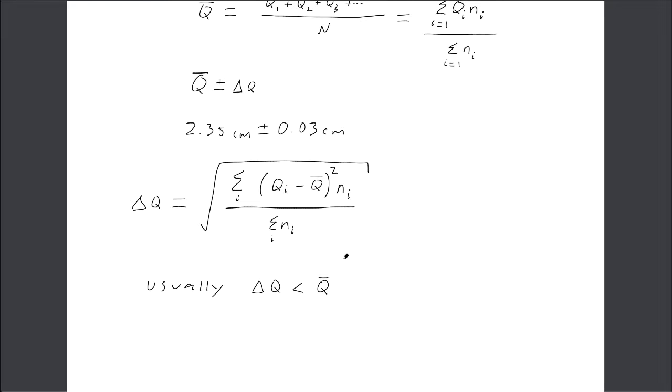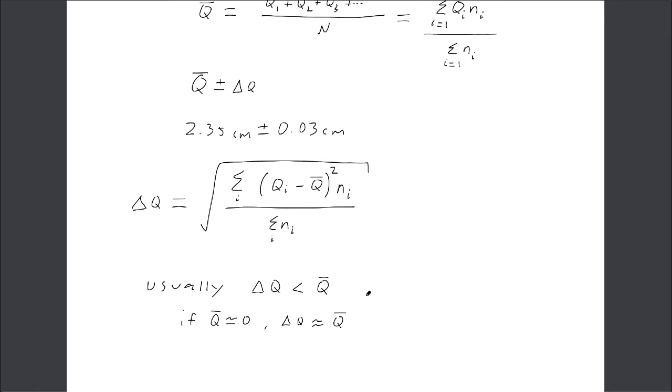Now, there are some times when the uncertainty is similar to the average, close to the same value, and that's when the average is close to zero. Okay? So if the average of some quantity is approximately zero, then the uncertainty can be fairly similar to the average itself. That's possible.